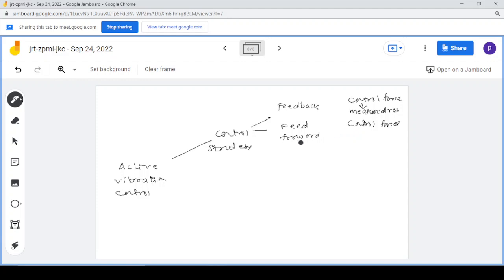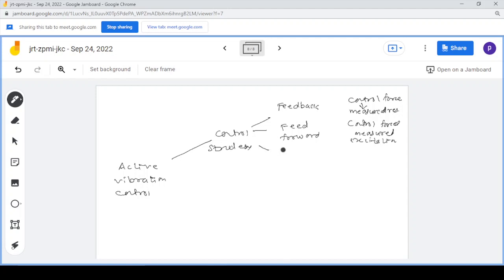That is the purpose of the feed forward.